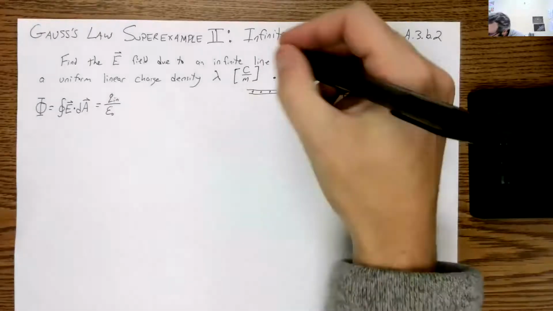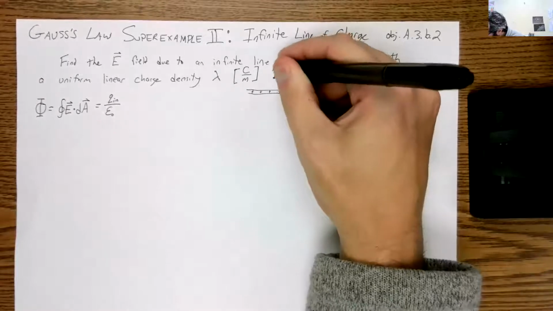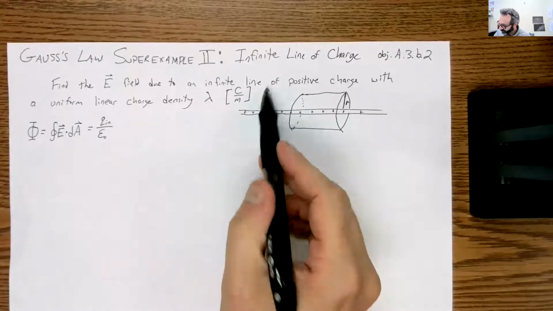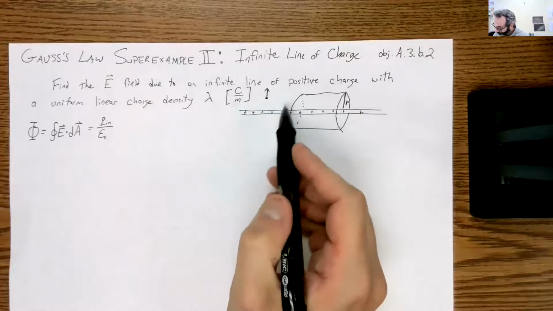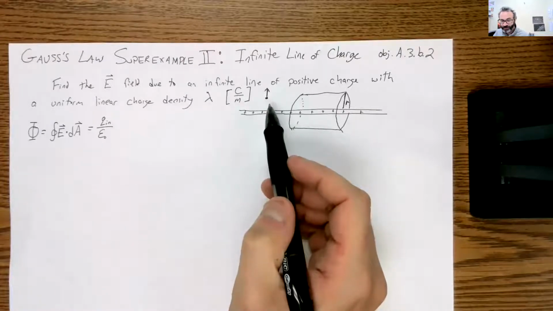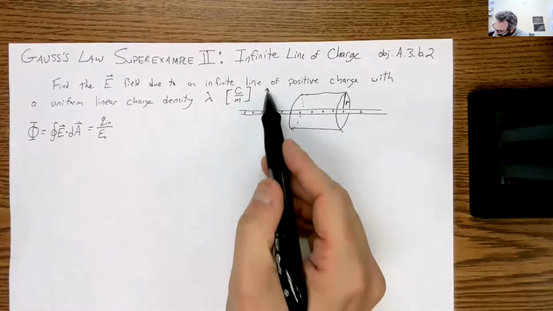Yeah, it has to be upwards, right? It's got to be away from this wire. We know that positive charges are going to repel other positive charges, and the electric field tells us the direction that a positive test charge would feel the force. And in this case, it's got to be upwards.